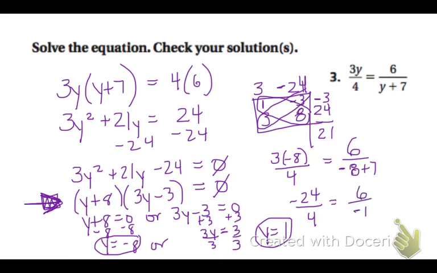And since negative 24 divided by 4 is equal to negative 6, the first solution checks out. Let's try 1. So does 3 over 4, because 3 times 1 is 3, equal to 6 over 8? And yes, it does. So the other solution checks out as well. So you can use some mental math when checking your work.